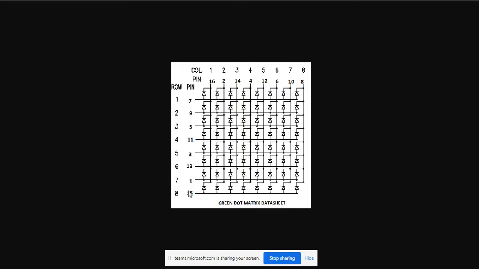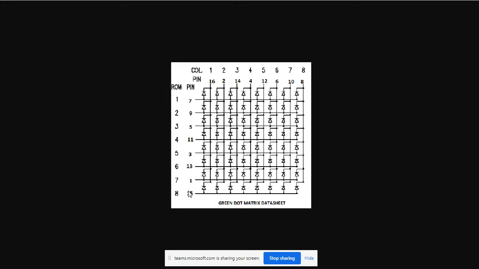This means you are going to have 1, 2, 3, 4, 5, 6, 7, 8 transistor pairs for the first dot matrix, and with the second dot matrix the same will follow. So for a 1 cross 4 green dot matrix, you are going to have only 8 transistor pairs, and they will be connected with all of these.